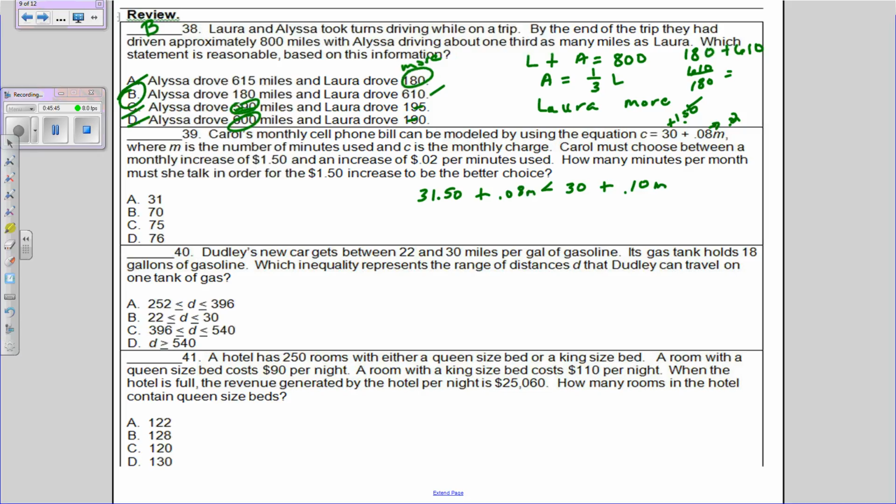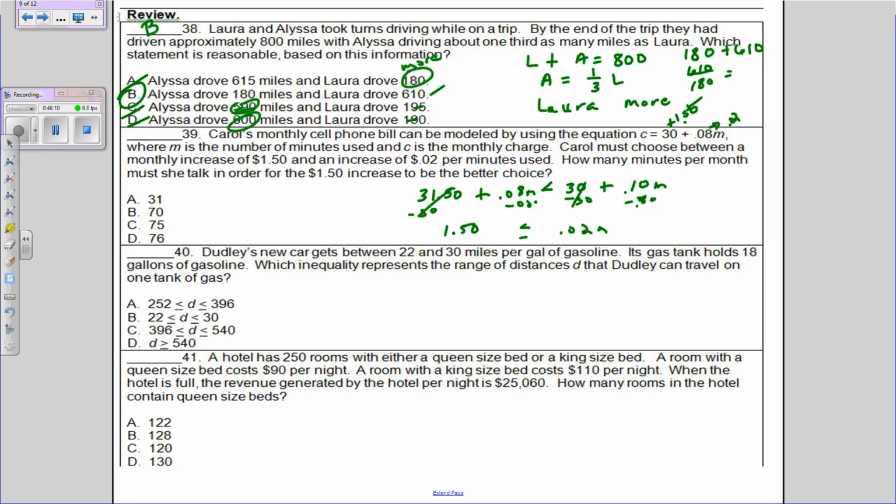So I'm going to subtract 30, kind of do it one at a time and subtract 8 cents to get the like things together. So that means we have when is $1.50 less than 2 cents a minute because we subtracted the 30.